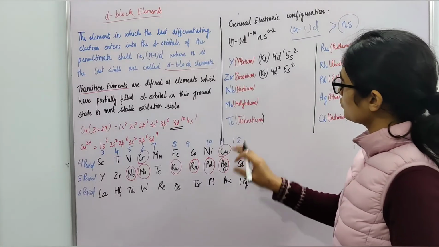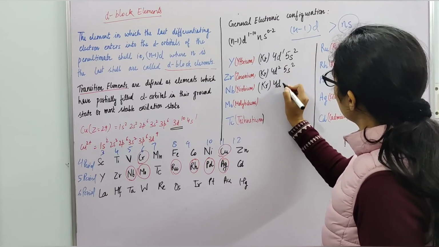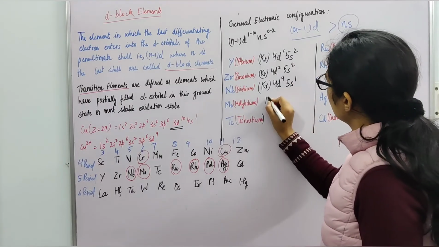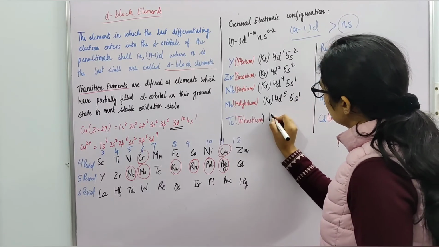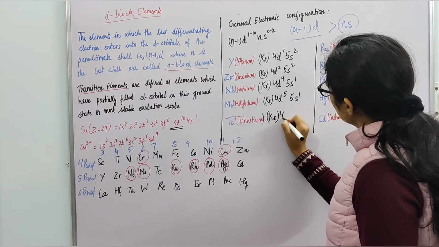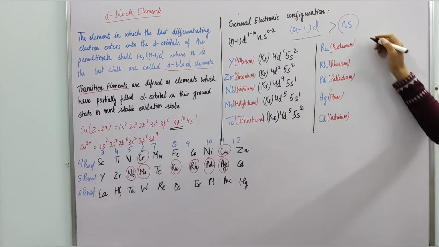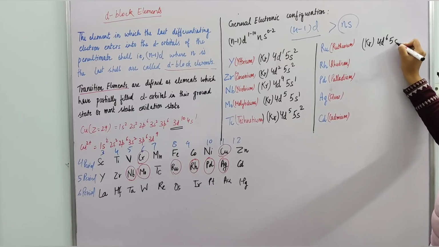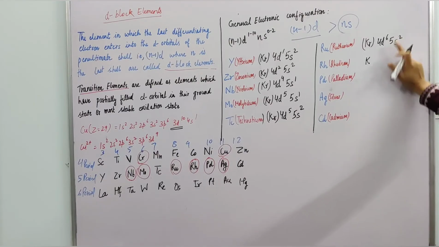So let's see the electronic configuration for niobium. It will be 4d4 5s1. For molybdenum it will be 4d5 5s1. For technetium it will be 4d5 5s2. Ruthenium will have an exceptional electronic configuration.